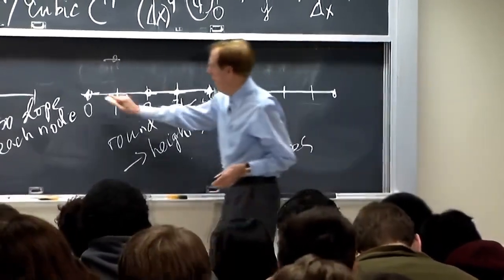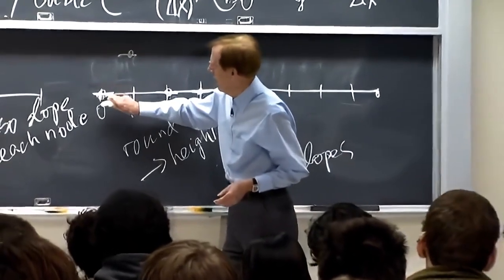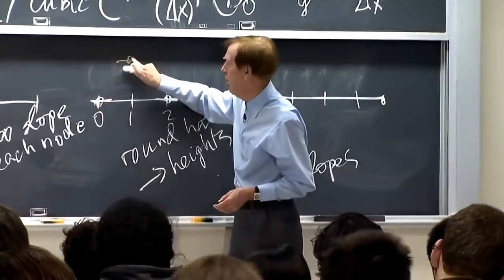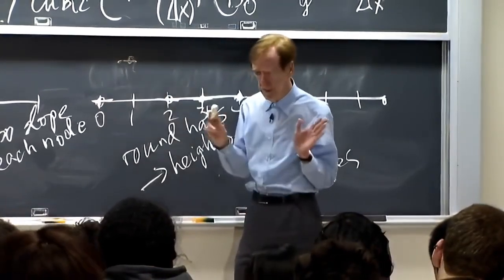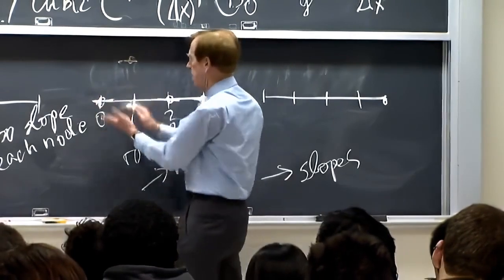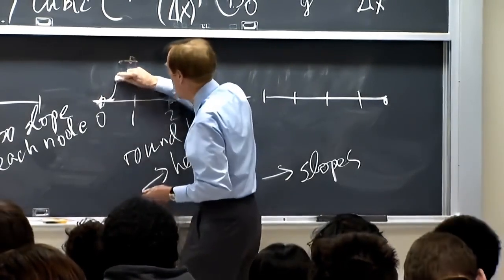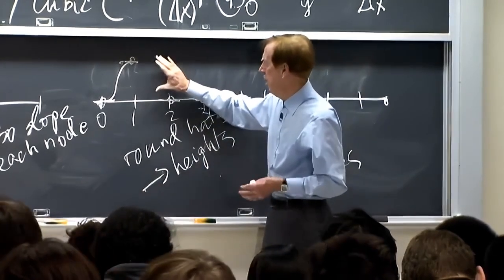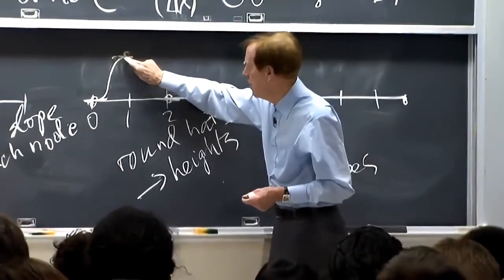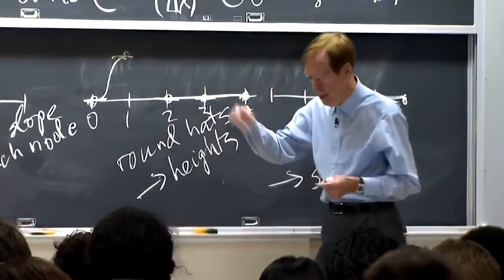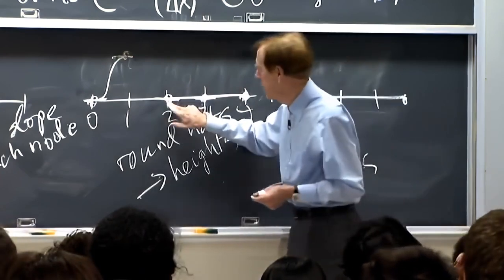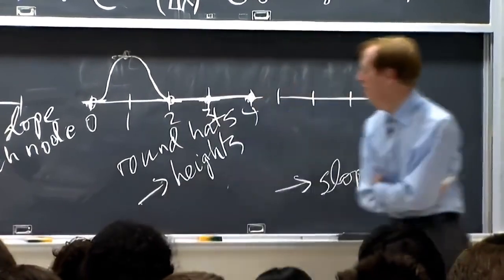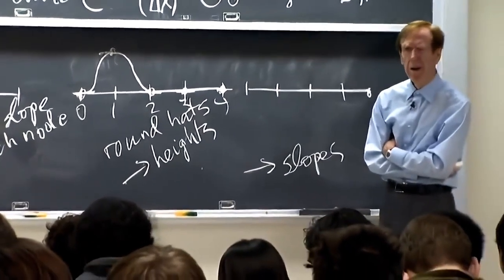Well, there's exactly one cubic that starts from 0 with slope 0 and ends at 1 with slope 0, right? That's what we said. 4 numbers determine a cubic in that interval. Then there's another cubic that, with those 2 numbers again, keeps the continuous slope, and these 2 numbers in this interval. And of course, it'll just be symmetric. You see the round hat?